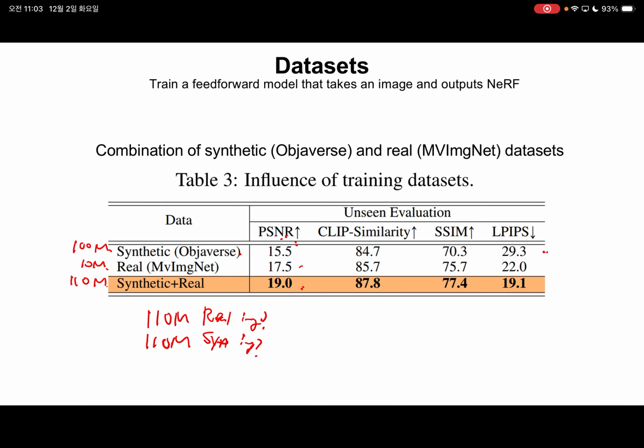These numbers are just random numbers I came up with, but there can be many reasons for the performance improvement. Combining synthetic and real images might be the major reason, or just simply using more images. I'm not sure, but I think using more images, the second one, might be the primary reason for the performance improvement. So there can be multiple reasons why the performance improved.